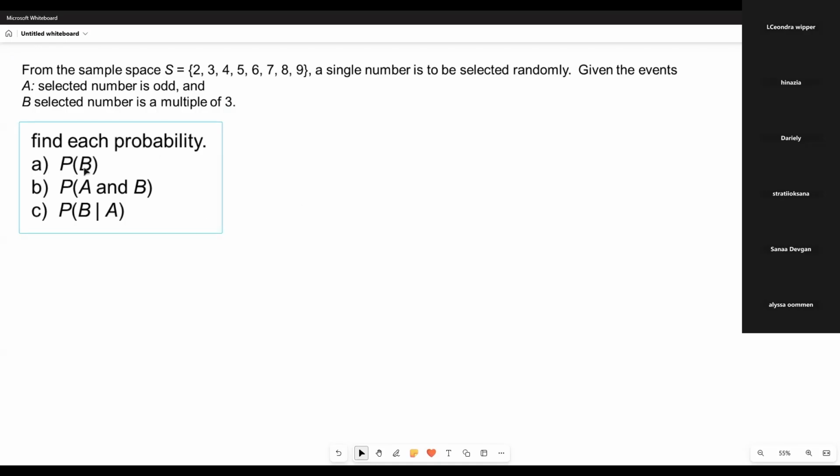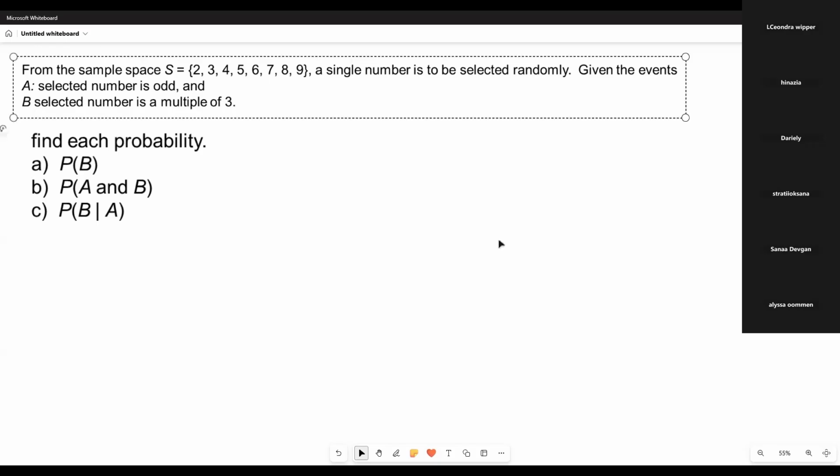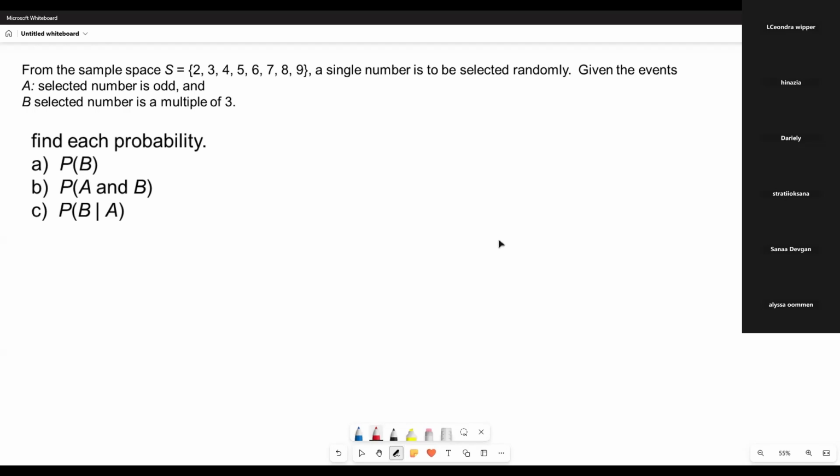A, P of B. B, P of A and B. And then C, P of B given A. So here the sample space has 8 outcomes.